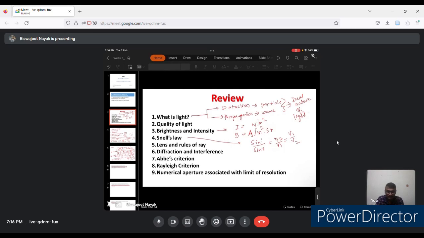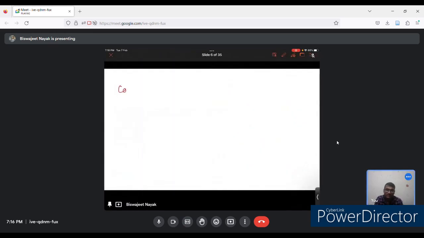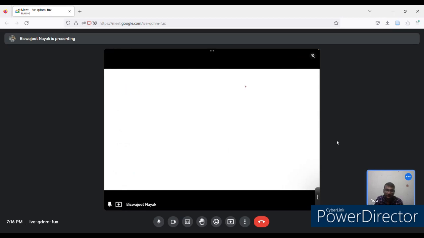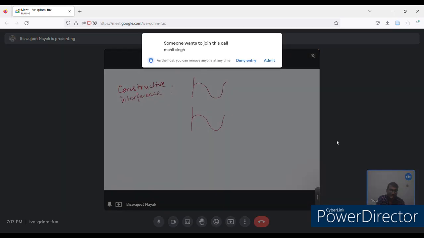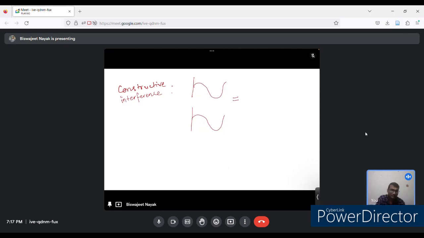For constructive interference, let's say two waves are there. Here I'm basically giving them the same phase, so it will be easy to add up. When they add up, we can assign the wave any equation.